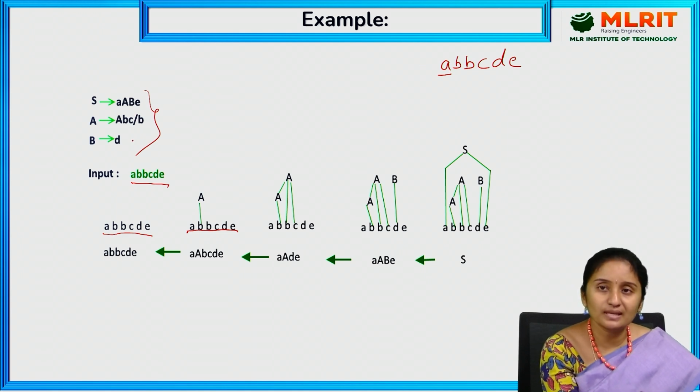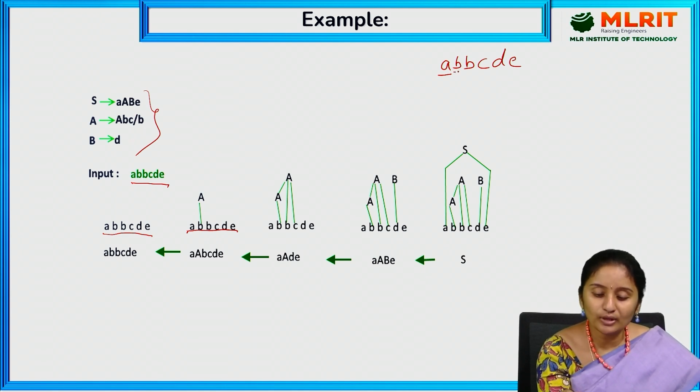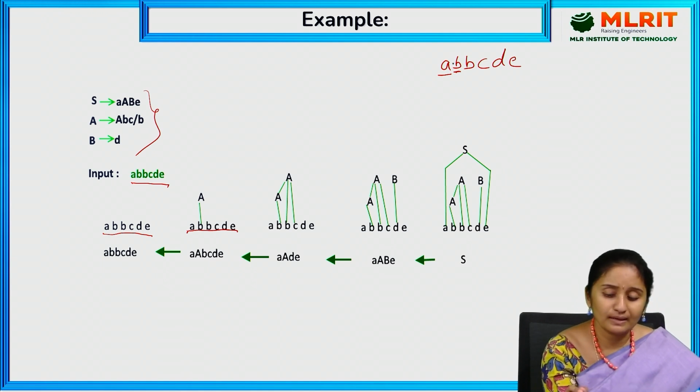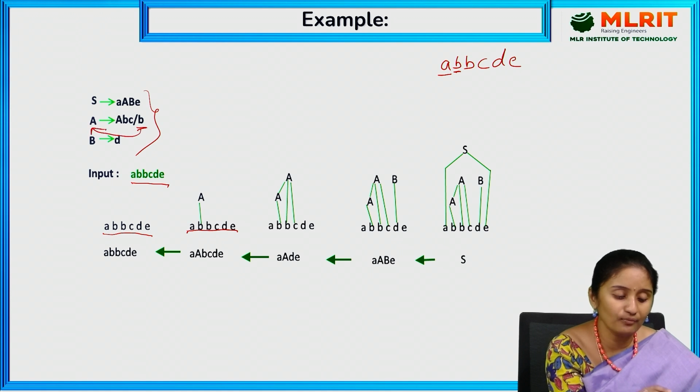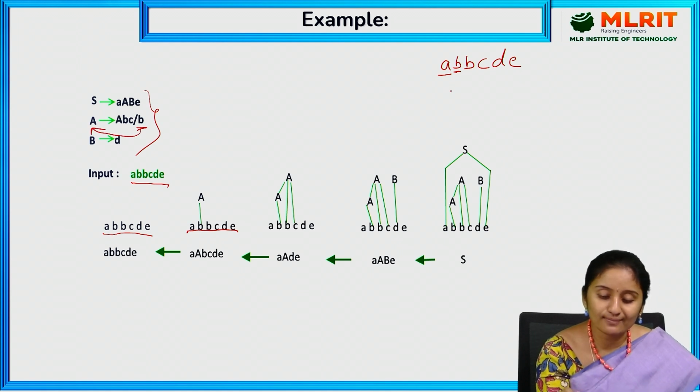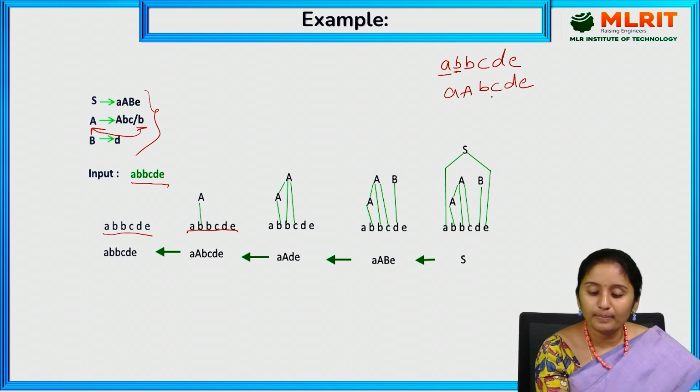No, no productions are available with A. So I move to the next symbol, B. Let me handle this B from the given production. Yes, I can handle B with the help of A. So now it is handled.